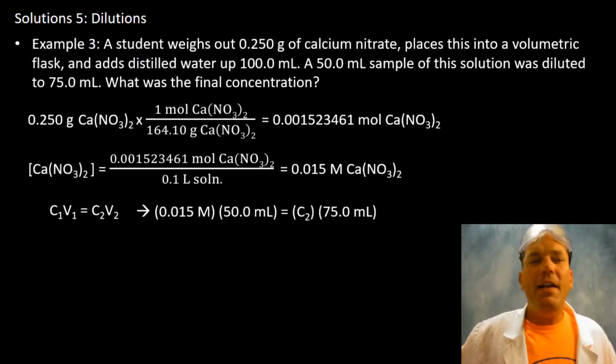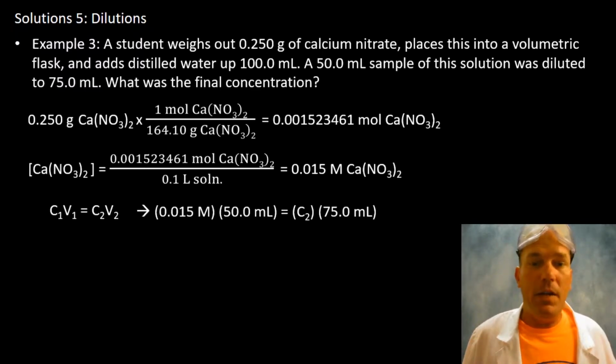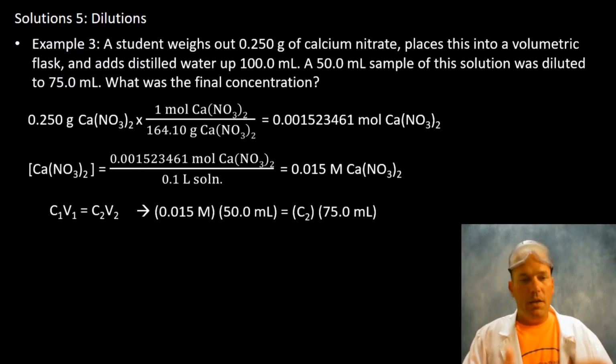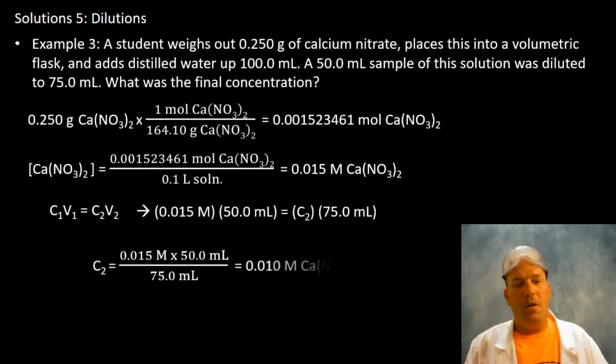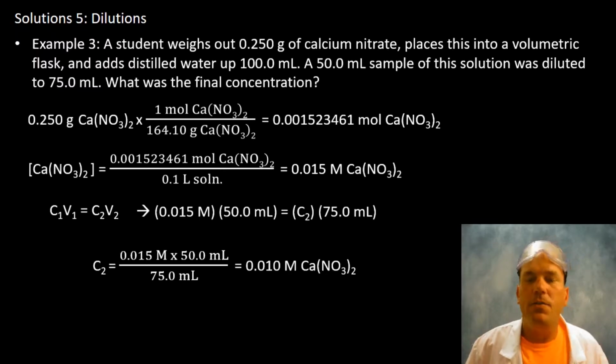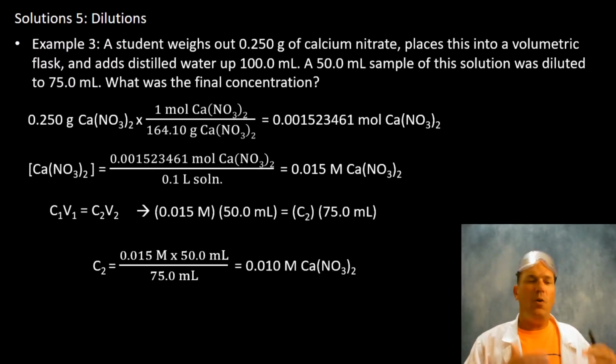And our final volume is 75 mils. And we're asked, what is the final concentration? Algebraically solving this for C2, or the final concentration, gives an answer of 0.010 molar solution.